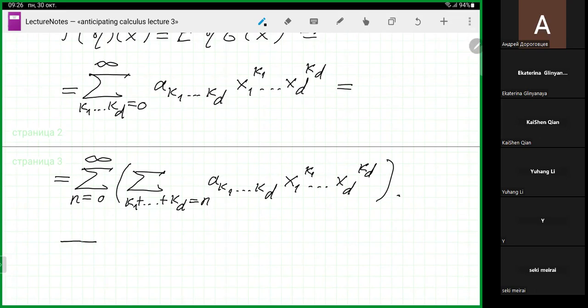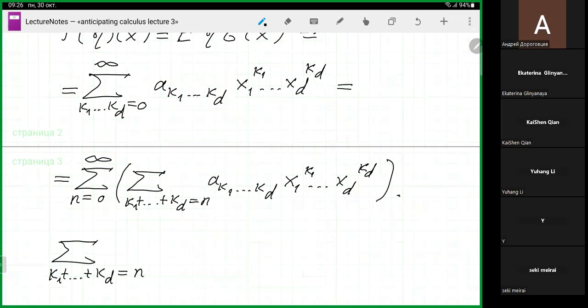This sum from k1 plus ... plus kd equal to n, a_{k1...kd} x1 in k1 power ... xd in kd power can be written as follows. It's equal to.